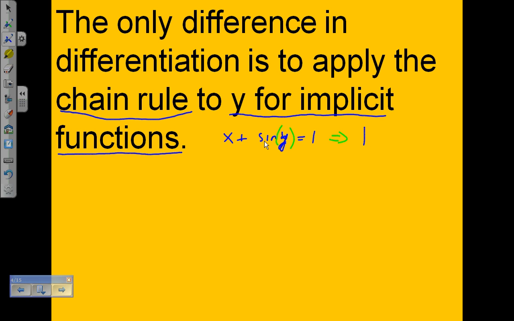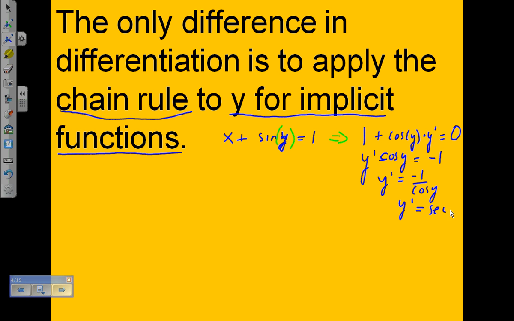The derivative of sine of y is cosine of y, and then the derivative of the inside is y prime. The derivative of 1 is 0. So you have y prime times the cosine of y equals negative 1. y prime equals negative 1 over cosine of y. So y prime equals negative secant of y.